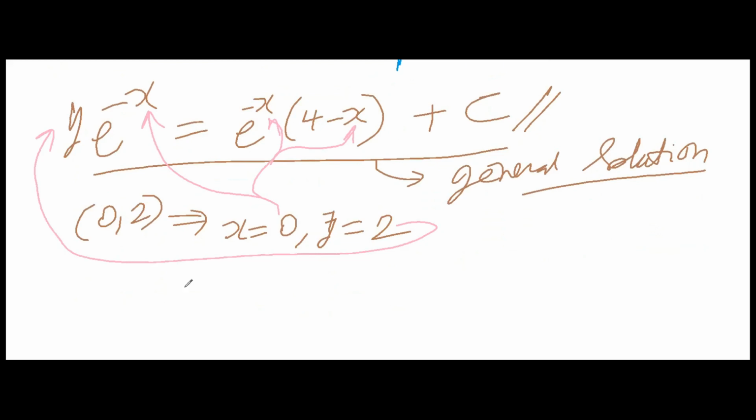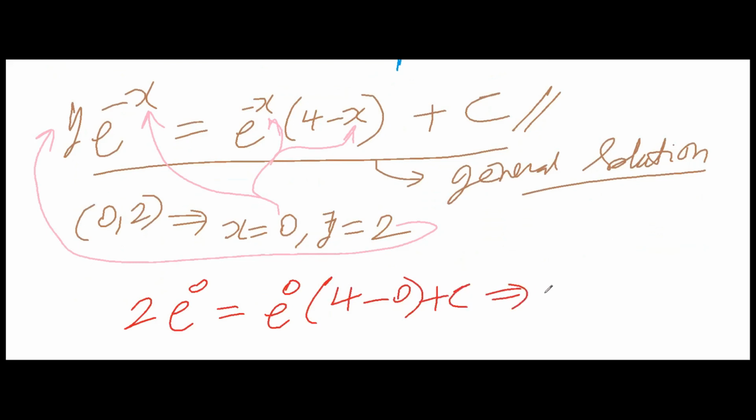This x I will substitute here, here, and here, and y I will substitute here. So I will get 2 times e to the power of 0 is equal to e to the power of 0 times (4 minus 0) plus c. When I solve this, I will get c is equal to 2 minus 4, since this plus 4 will be transposed there and become minus 4.